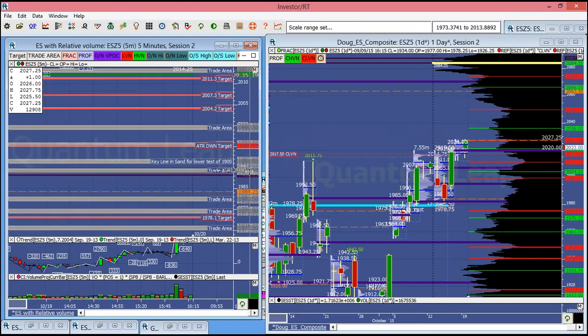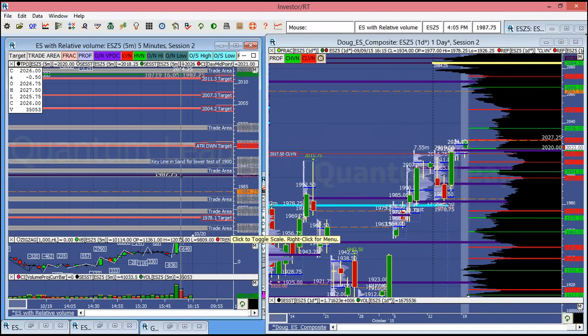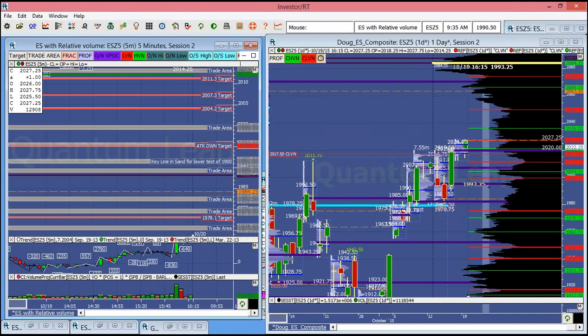The key line in the sand for me below is going to shift down slightly. It's going to be, no, you know what? It's going to remain at 91.95, 91.50. So 91.50.